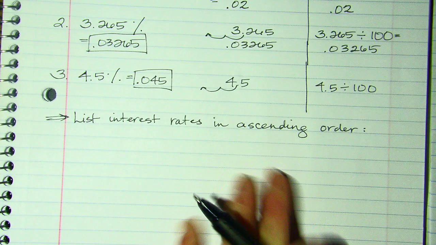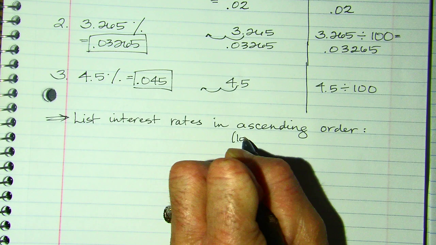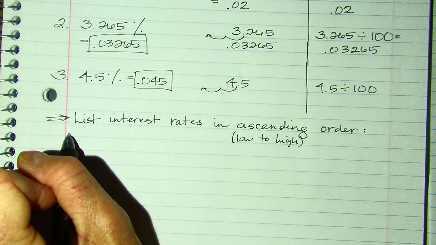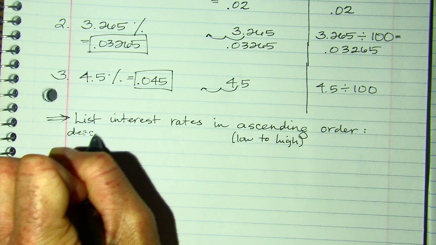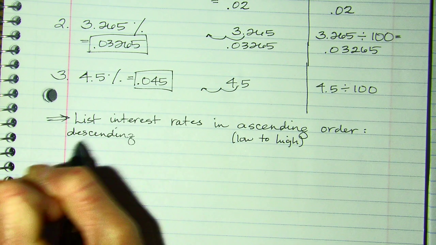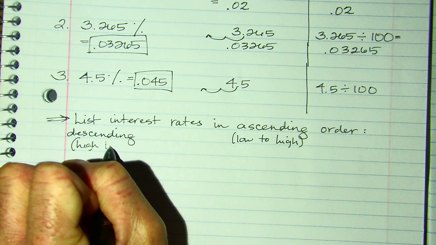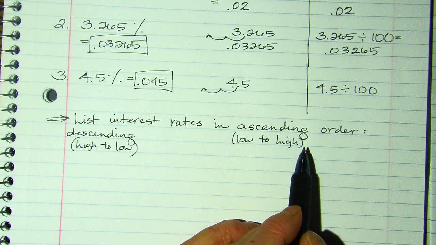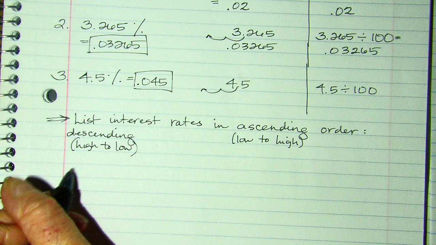Ascending order means you go from low to high. If your homework asked for descending order, that would mean it would be from high to low. But for ascending, you start with the smallest number and you work your way up. So here's an example.